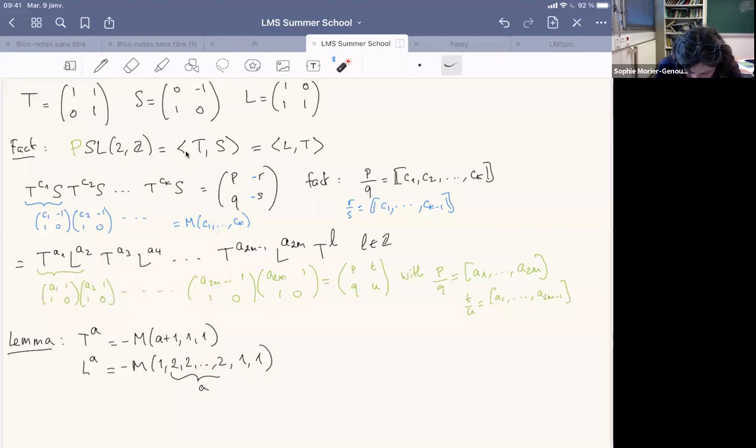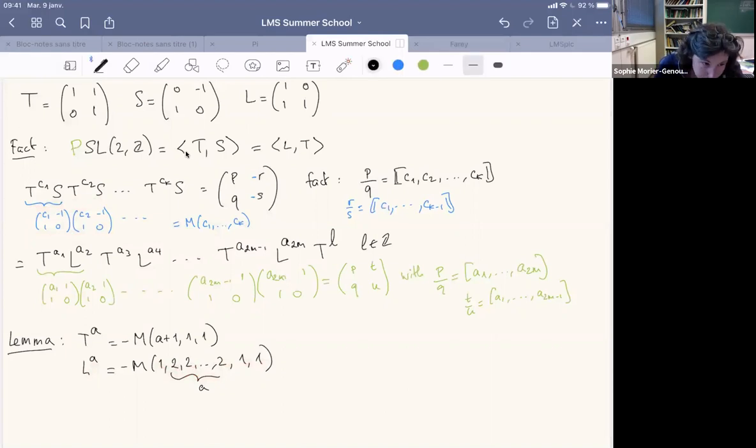The best is to use induction, and it's really also immediate by induction to prove that L to the A can be written as a product of elementary matrices of this form using the sequence 1, 2, 2, 2, 1, 1.